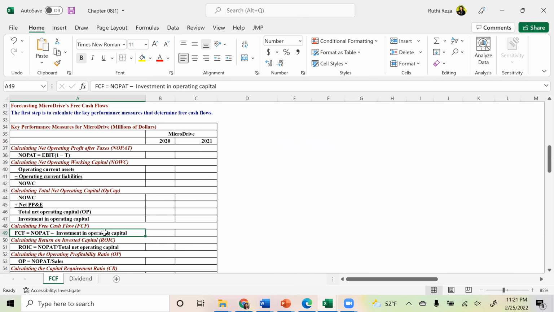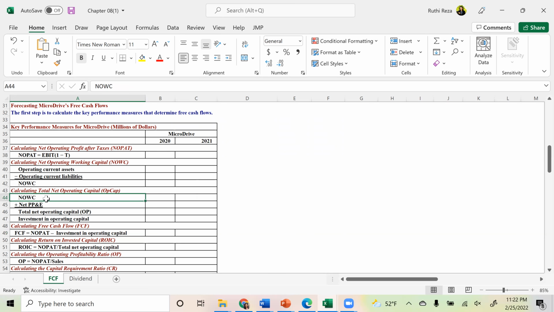Investment in operating capital also has two components: net operating working capital, and net property, plant, and equipment.